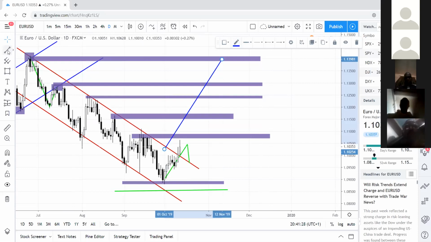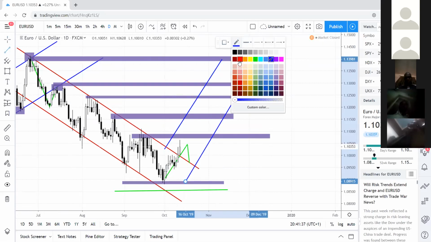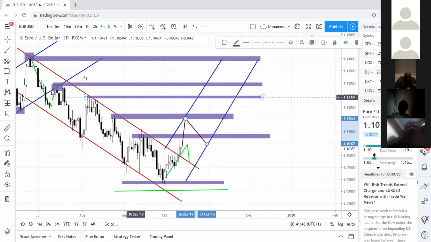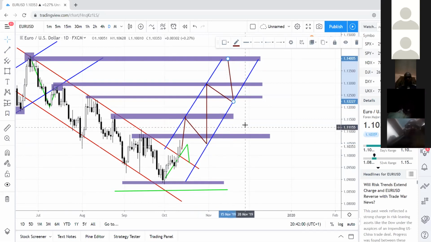You can see something that looks like this again, to that buy, then you will see something like this, then this. Something like that can happen again.